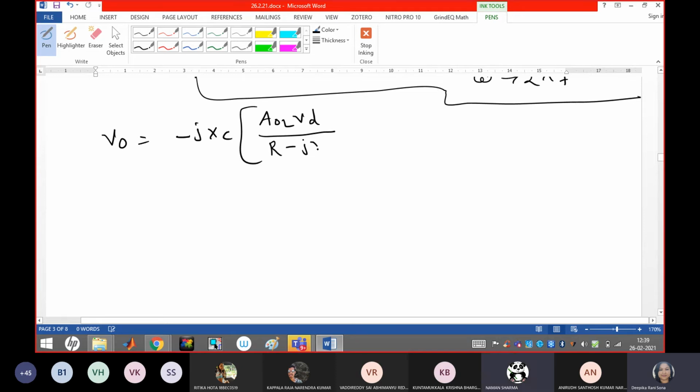R minus JXC. Okay. So already I have written that minus of j is equal to 1 by j, and XC is nothing but 1 by 2 pi fC, right? Both you can write. Minus of j is 1 by j. That you can represent.